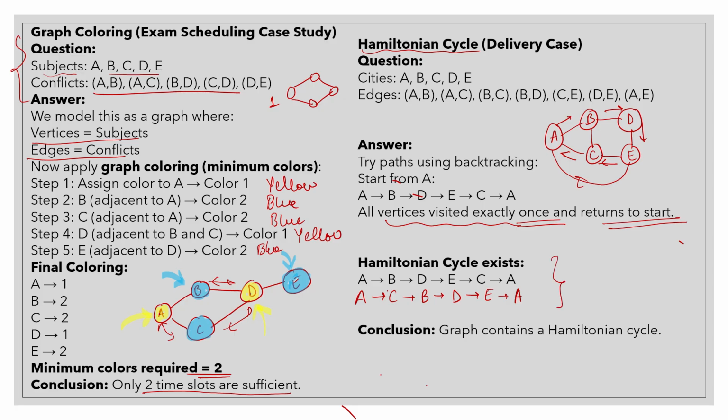There can be more than one cycle also. So this graph contains a Hamiltonian cycle. A Hamiltonian cycle is basically where you visit all the vertices. You can't visit the same vertex more than once, and you have to return back to the start position.